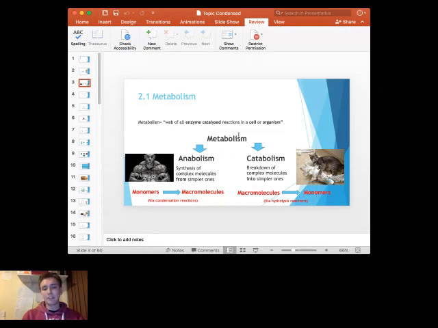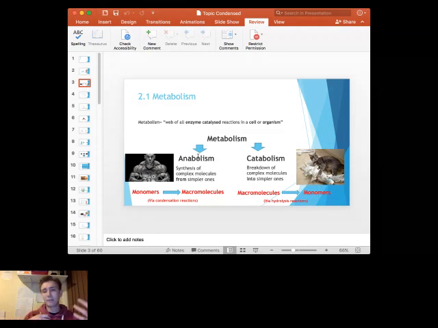In general, metabolism is split into 2 different subtypes. You can either have anabolism or catabolism. Anabolism is where we take simple molecules and turn them into very complex ones. So we're basically building up. And then catabolism is where we're taking very complex molecules and breaking them into very simple ones.